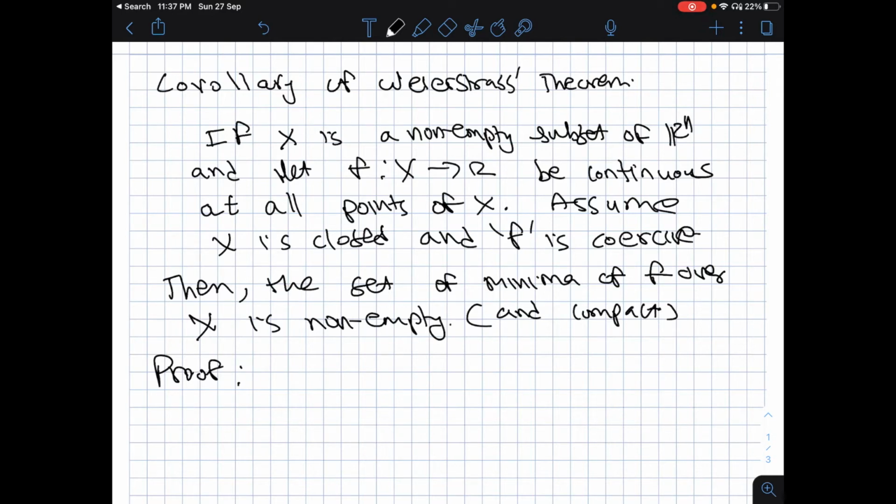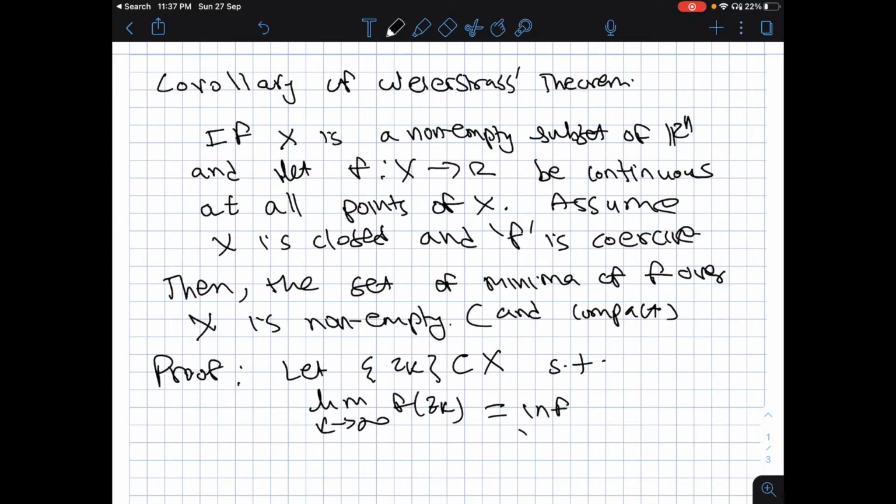So let me assume that there is a sequence z_k from the set X such that the limit as k tends to infinity of f(z_k) goes to the infimum of this function f(x), or I will use the Bertsekas notation, infimum of f(z) over x.